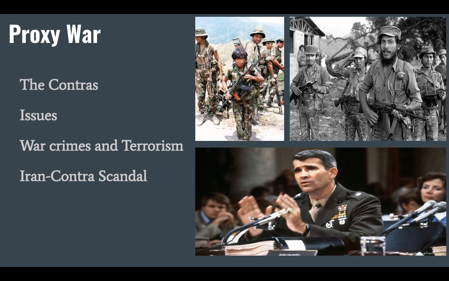The problem with the Contras is that they were extraordinarily violent in what they were doing with our support. They not only would fight the Sandinistas, but as you see there in a picture on the top left, they used child soldiers. They would terrorize locals. They would destroy villages. They wouldn't just fight a straight-up war with the Sandinistas.